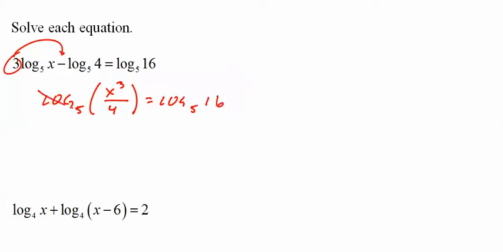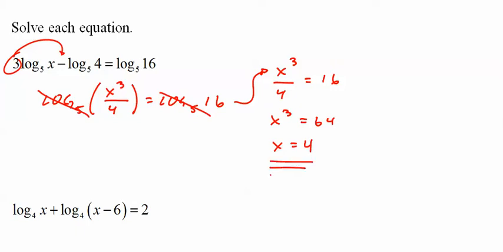So if we have a log base 5 on one side, log base 5 on the other, we can cancel them. We get x to the third over 4 equals 16. X to the third equals 64. X equals 4. These take some getting used to.